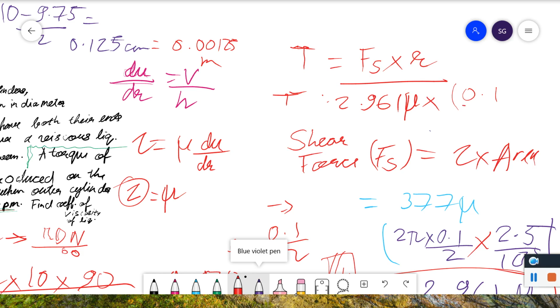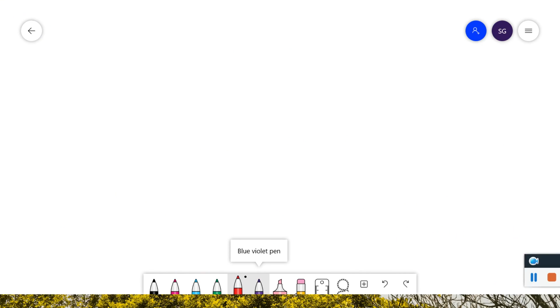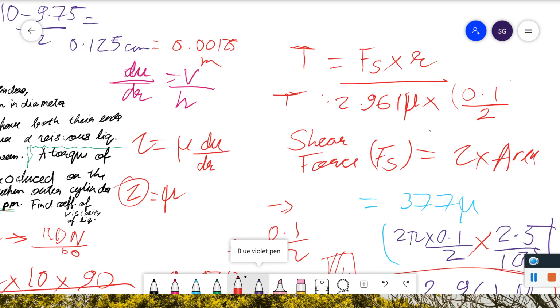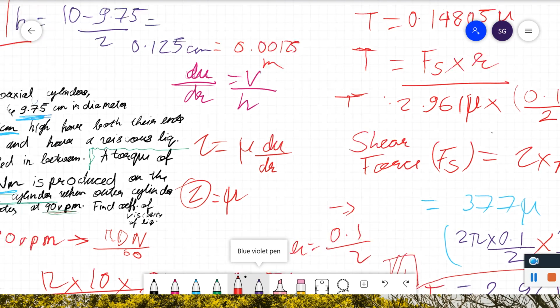So here it is the radius. Let's divide by 2, that is radius, 0.1 meter, and it will become tau is equal to 0.14805 mu.